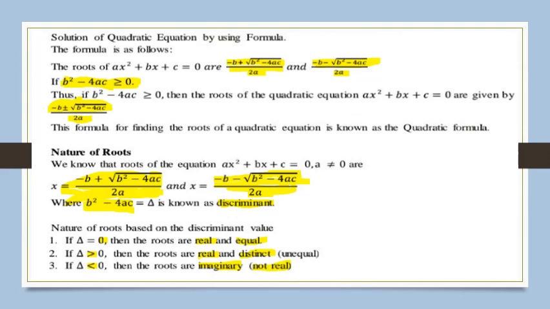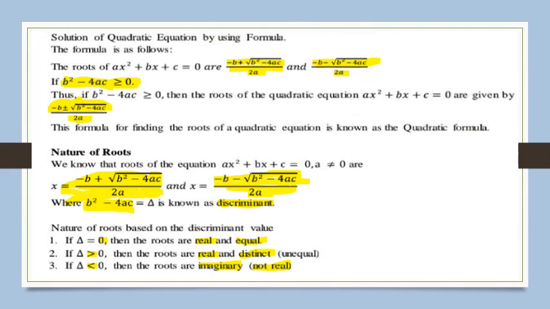Now if you see b² − 4ac, this is known as the discriminant, and if it is greater than or equal to 0, then only we proceed to find the roots. Otherwise we are unable to find the roots of this quadratic equation. So if b² − 4ac ≥ 0, the roots of ax² + bx + c are given by −b ± √(b² − 4ac) / 2a. Why do we write plus minus?